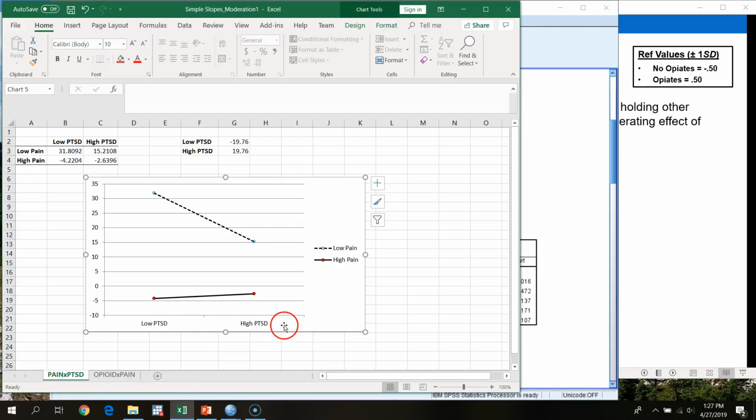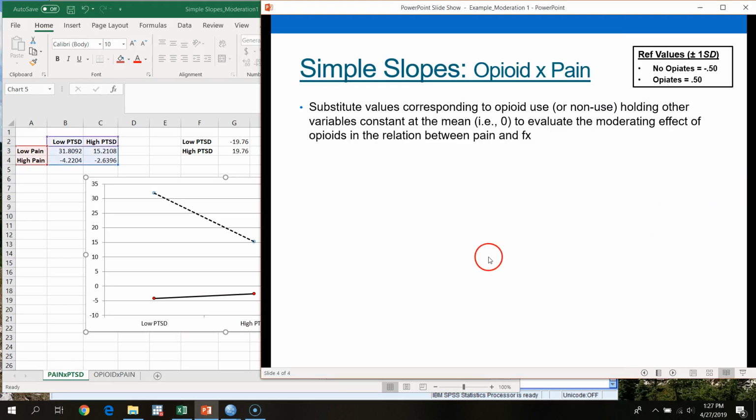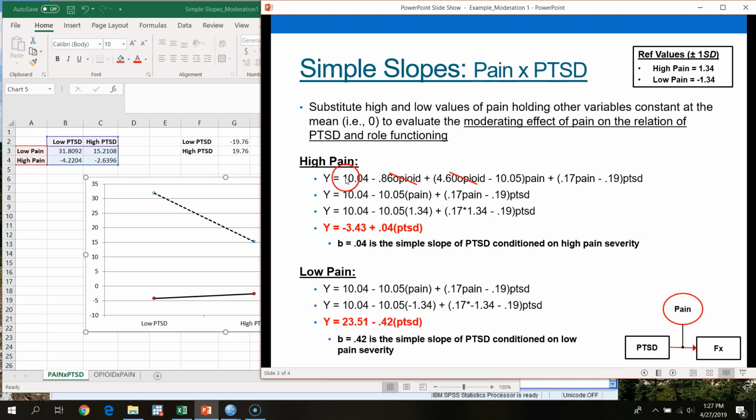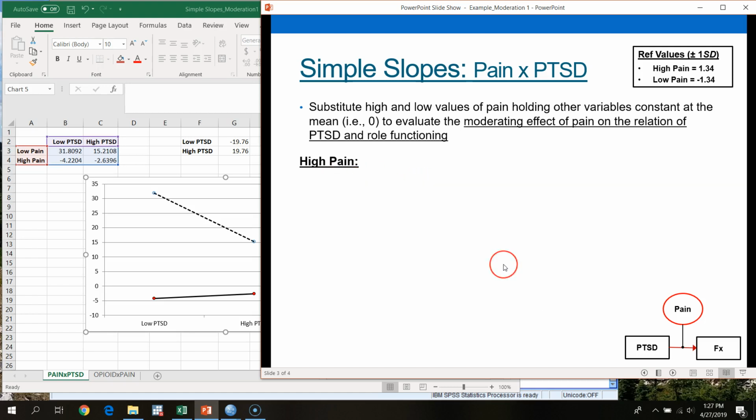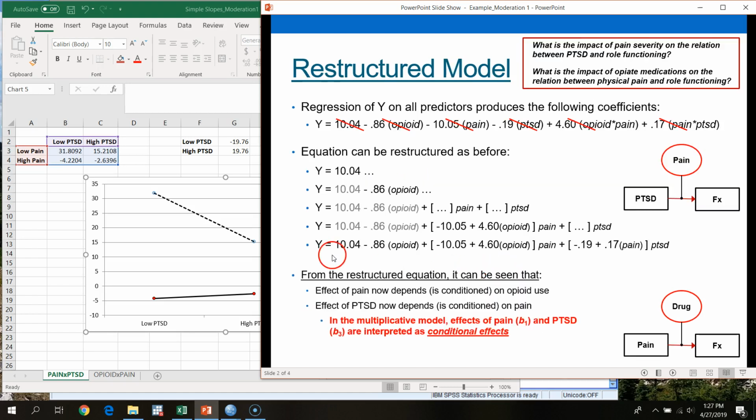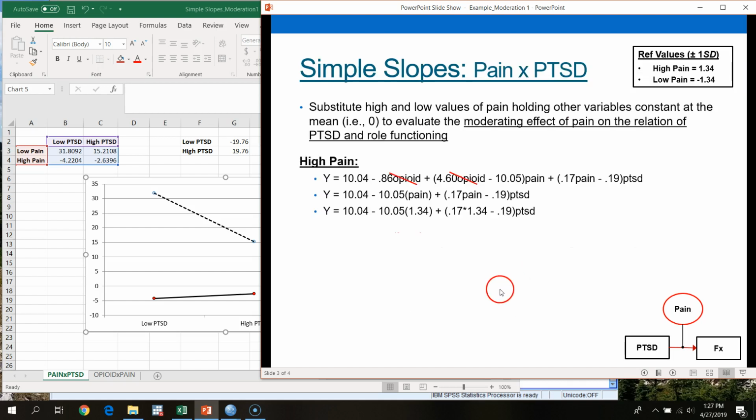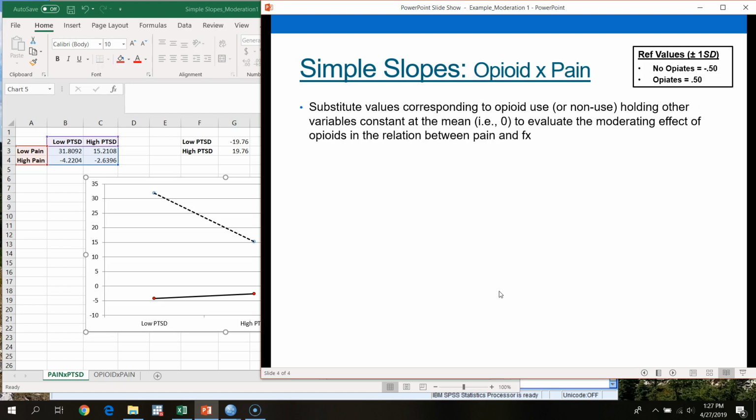Okay, and so what I can do is take my restructured equation that I got up here, right? That's the same one from when we factored out. This was my restructured equation here. I can use that same equation to now take a look at my conditional effect of pain for people who aren't using opiates.